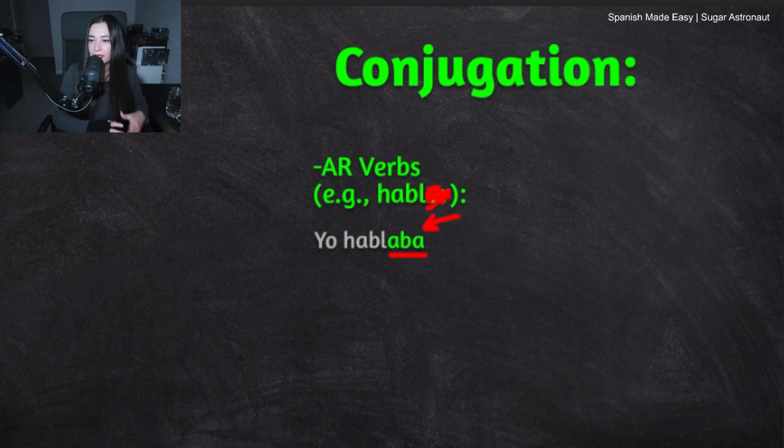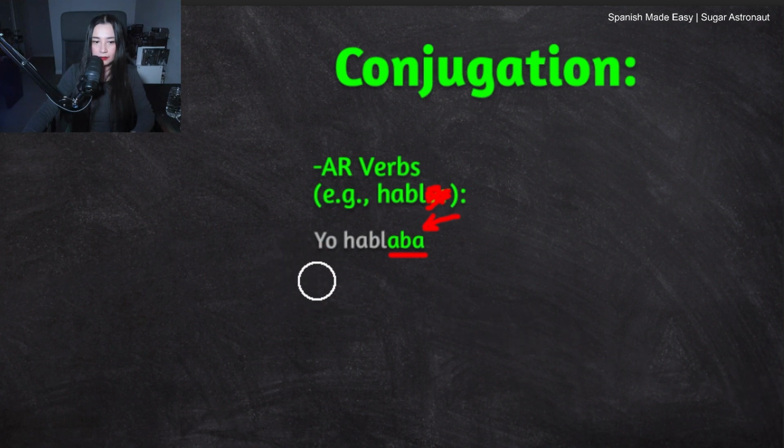If it's irregular, you need to pay attention to the irregularities. If it's not irregular, then you can just replace the endings, and that's it. You have a conjugation. So this yo hablaba means I was speaking.